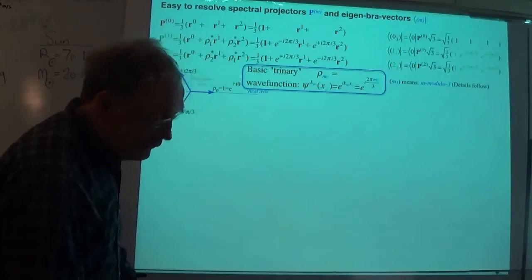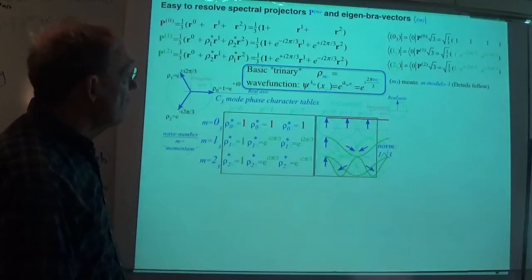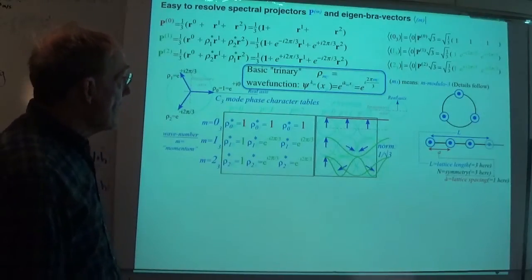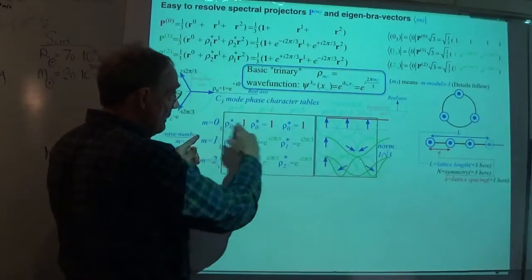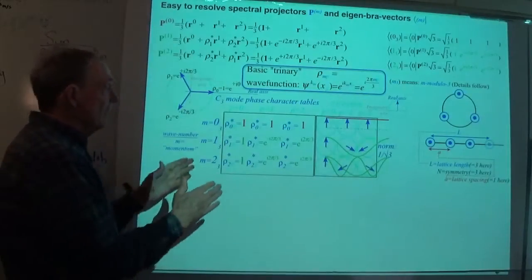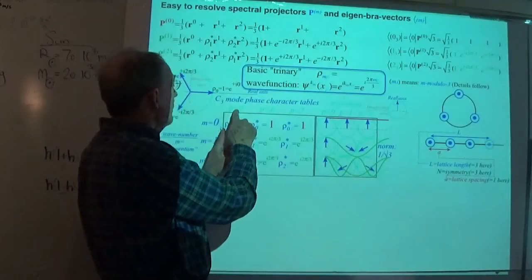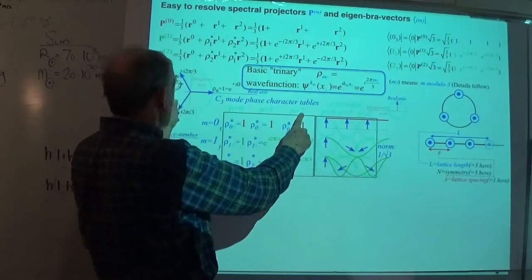The idea of those integers is pretty much expressed right here. When you make a table of these waves, here's position point 0, position point 1, position point 2.